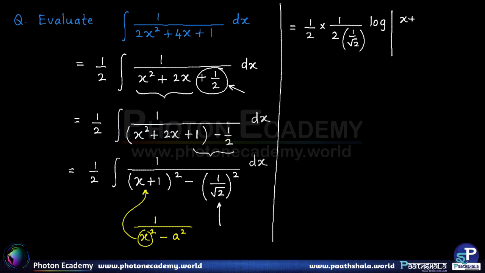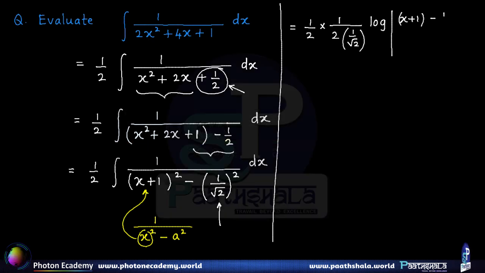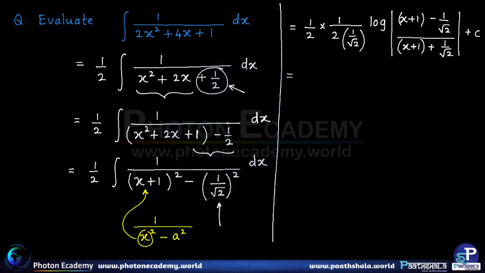Now here our x is nothing but x plus 1, minus a means minus 1 upon root 2 upon x plus a. Once again x means x plus 1 and a is nothing but 1 upon root 2, plus c.